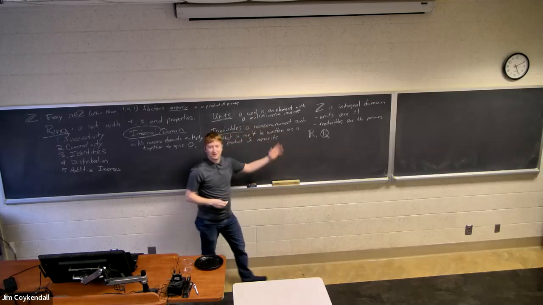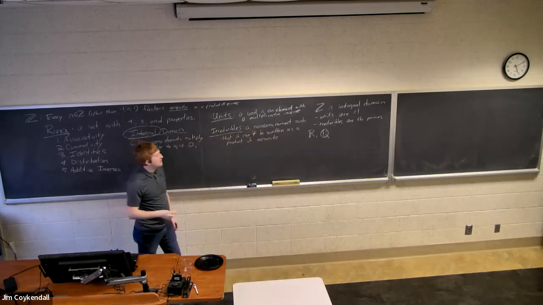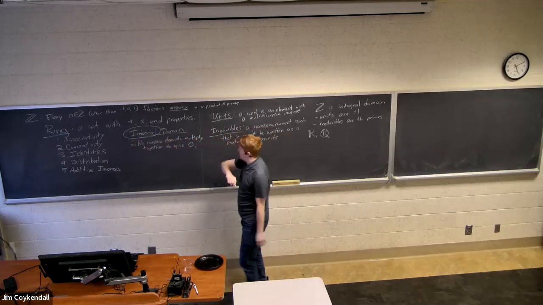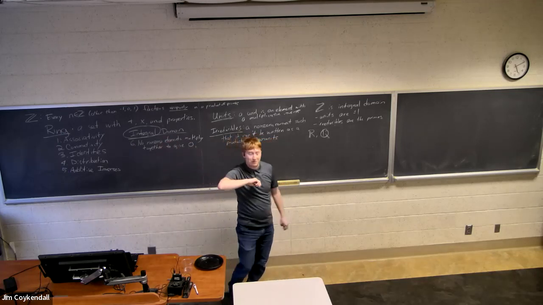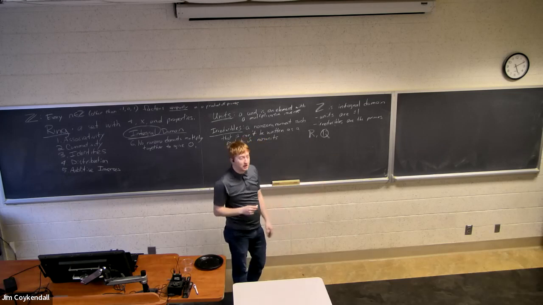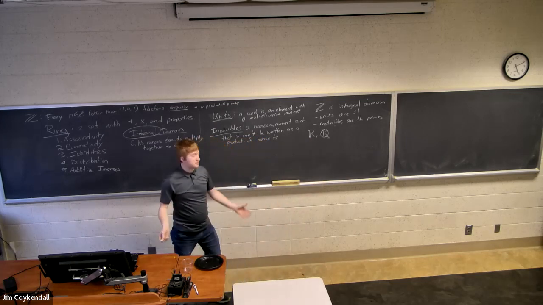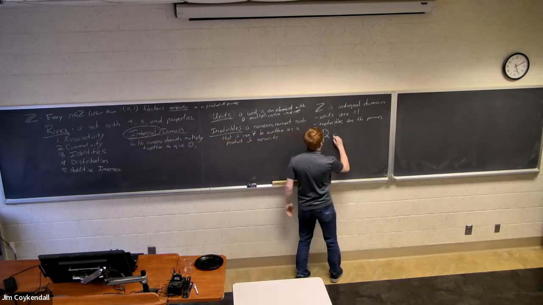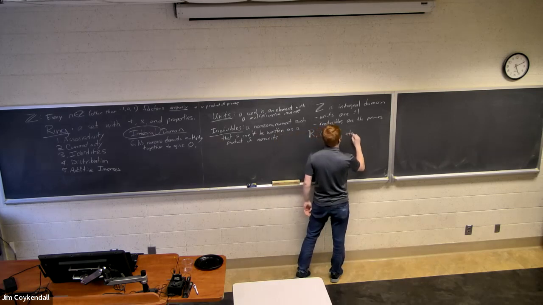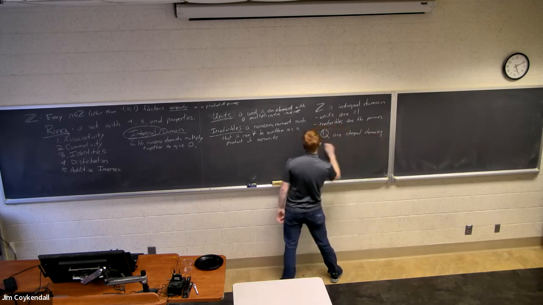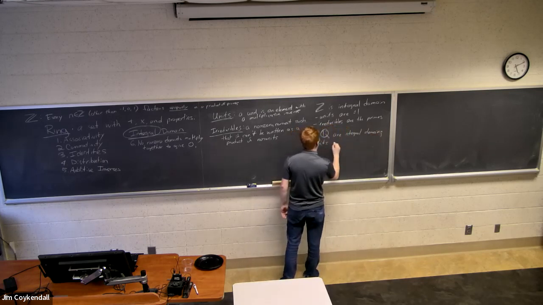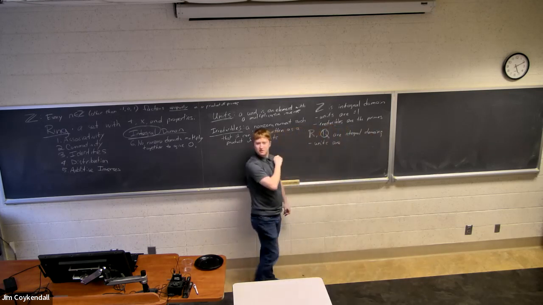The reals and the rationals. So these are going to be integral domains. They have all of these properties. We can't multiply any two real numbers or two rational numbers together to get 0. So these are integral domains. And what are the units?